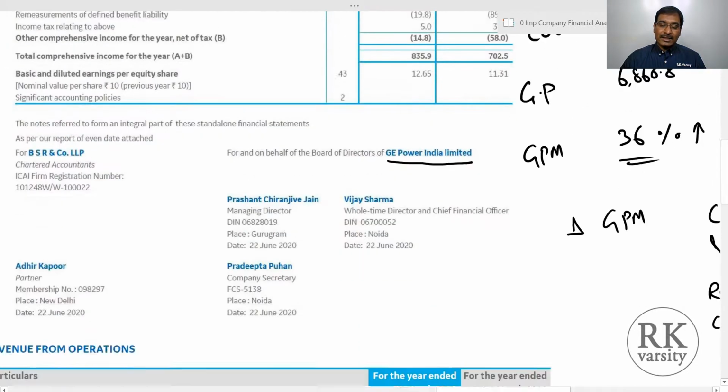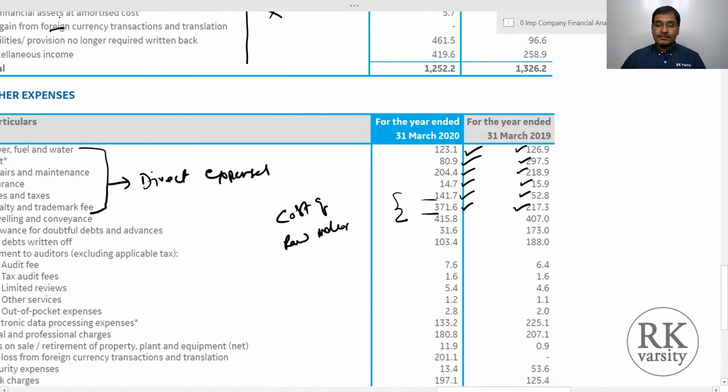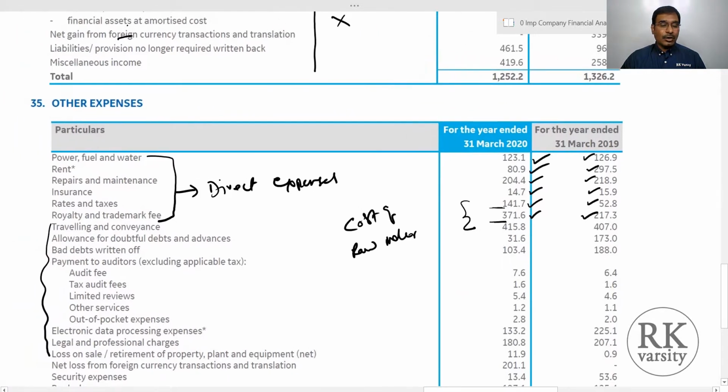On the other side, the company also has to pay attention to rates and taxes, because if you see here, there is nearly a 100%, or let us say two times, 200% increase in rates and taxes, and around a 50% increase in royalty and trademark fees.